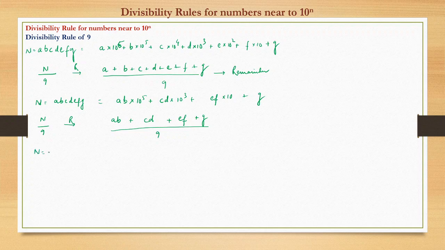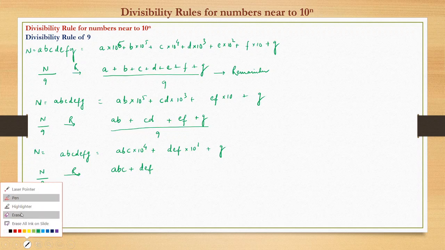Similarly, if I write n as A B C D E F G as ABC into 10 raised to power 4 plus DEF into 10 raised to power 1 plus G, again if I check n by 9, the remainder would be nothing but ABC plus DEF plus G. So what I do is I just remove one letter here.